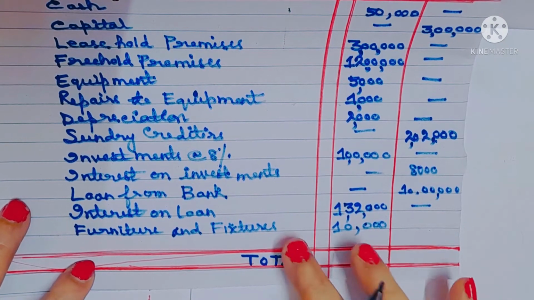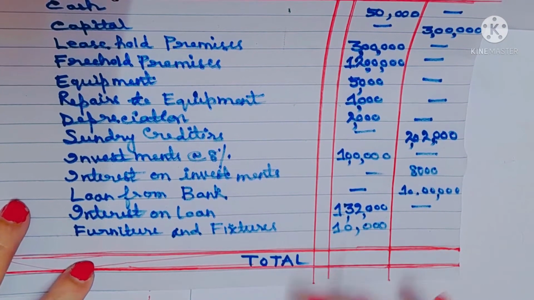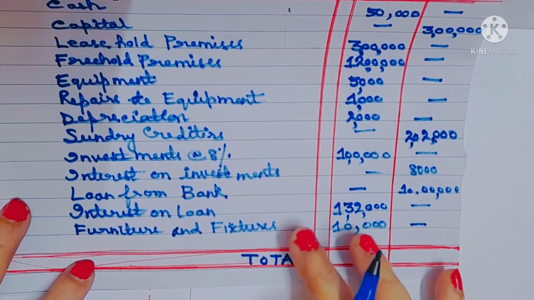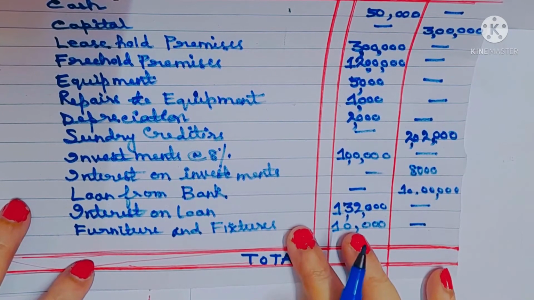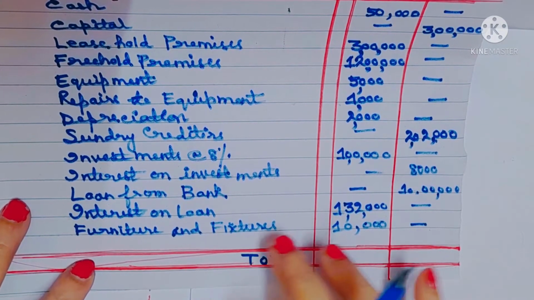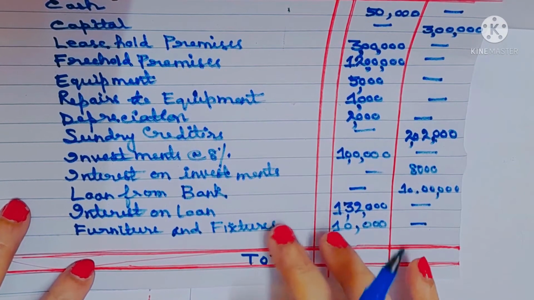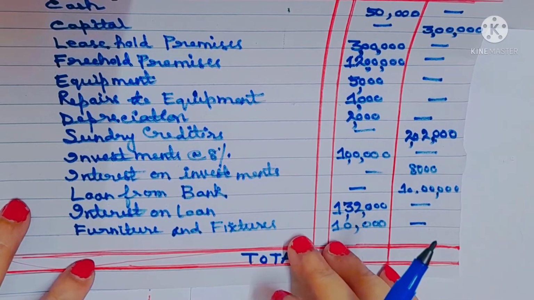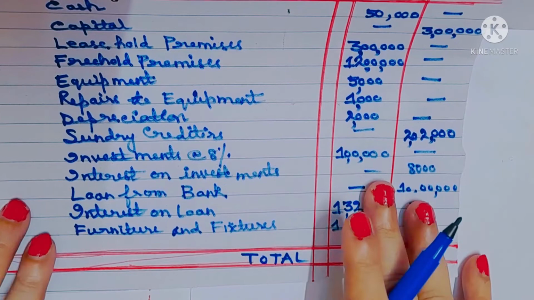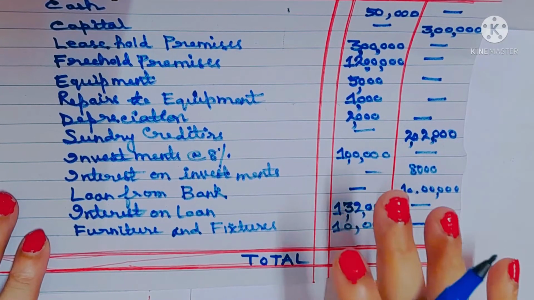Why is furniture and fixtures a debit balance? Because furniture and fixtures falls under real account. According to real account, what comes in is debit. When furniture and fixtures are purchased, furniture and fixtures comes into the business. So furniture and fixtures will be debited. Understood? Clear? And let's see the last account.